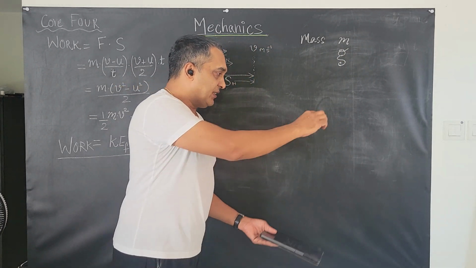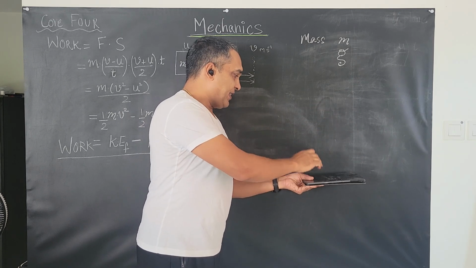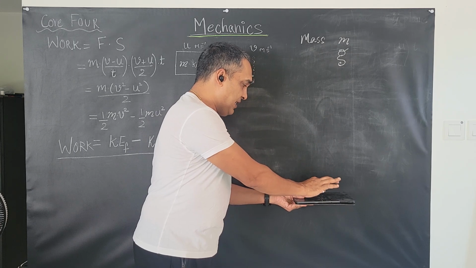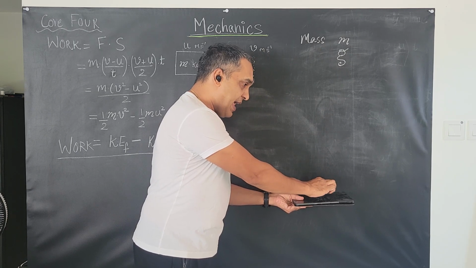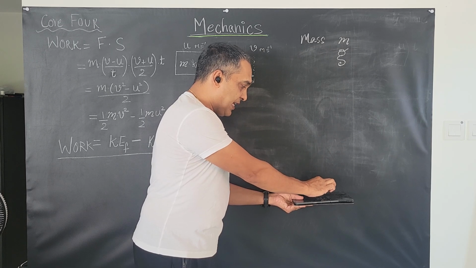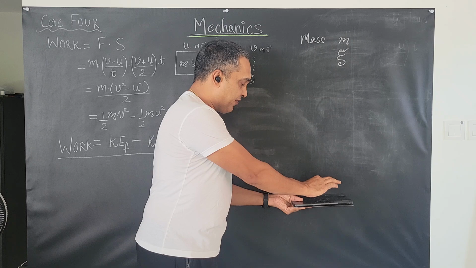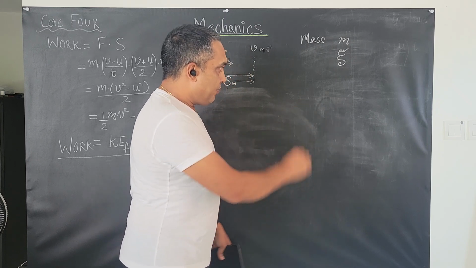So if I'm holding this object at a particular height, and let me just say this is my base level, and I'm holding this object here, it's not making contact. My hand is exercising a force, and that's what's keeping this chalk here, because if there was no force, then gravitational force would basically pull it down.